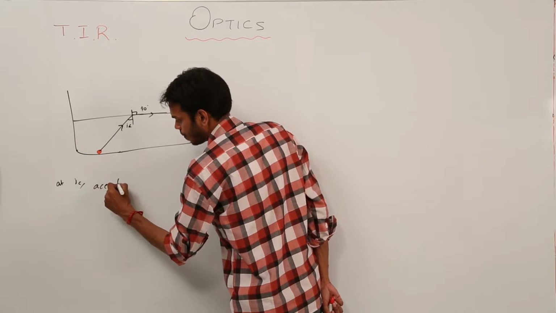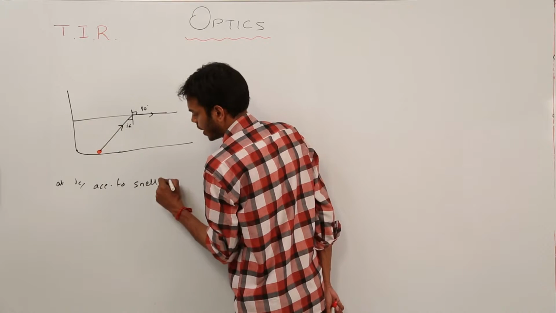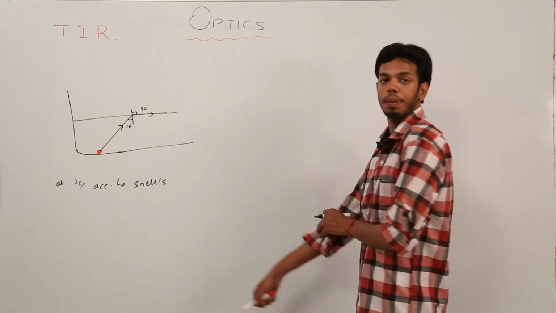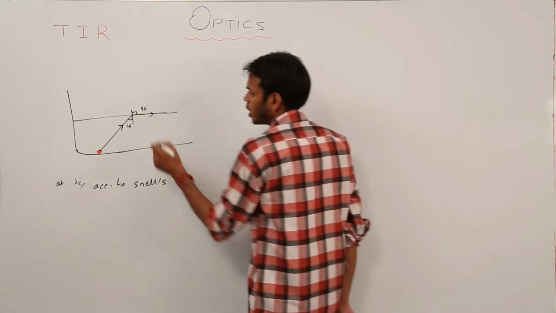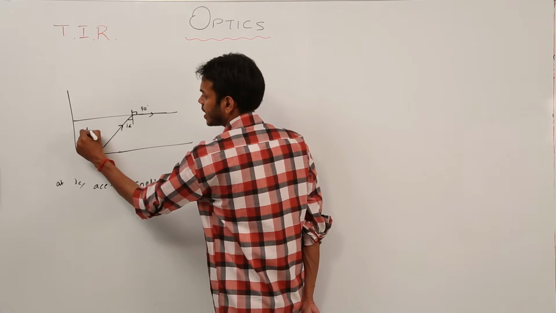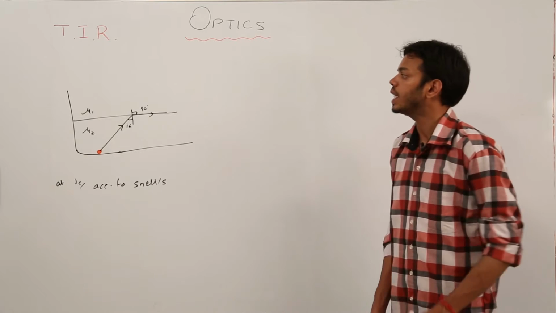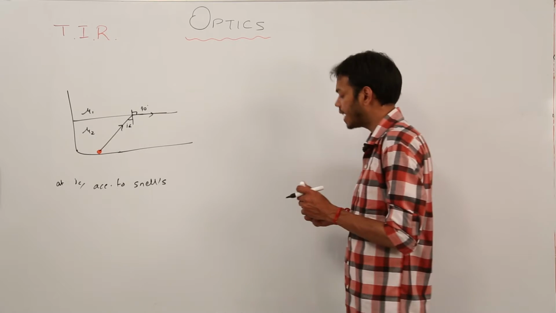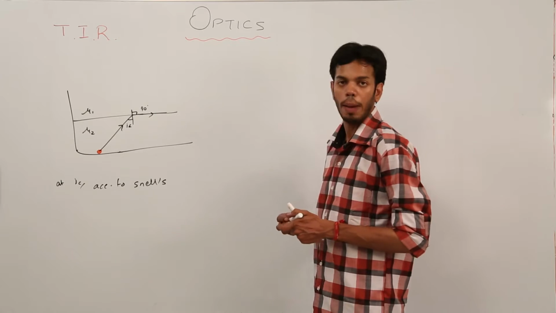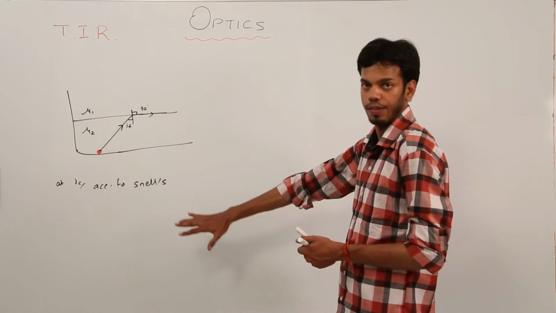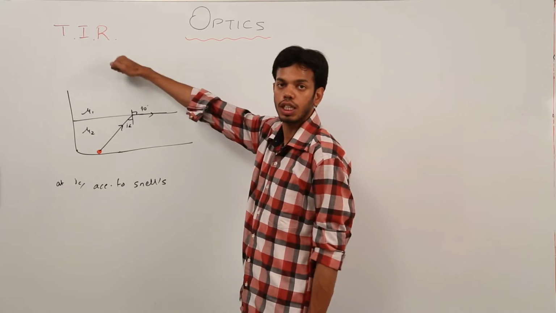So at critical angle, according to Snell's law, you are again going to use mu1 and mu2. This is the denser medium mu2, this is the rarer medium mu1. What are the two necessary conditions which are definitely required for TIR to happen? Before I move on to the derivation, what do you think they are?